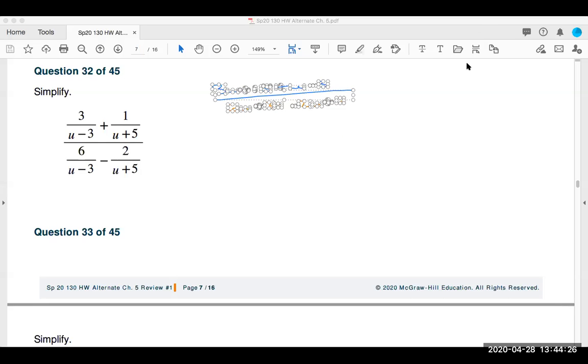Okay, so let's continue. So we have 4u plus 12 from the top. And on the bottom, we have 4u plus 36. Okay, so careful here. I'm gonna write over here, don't.